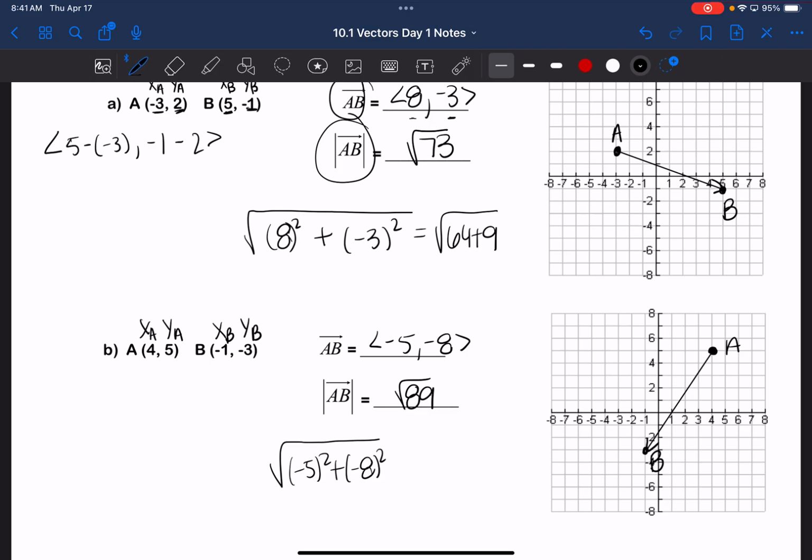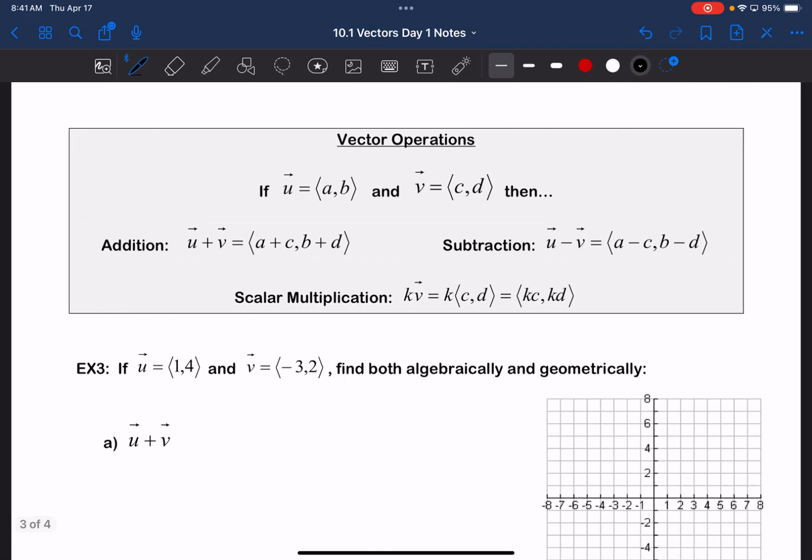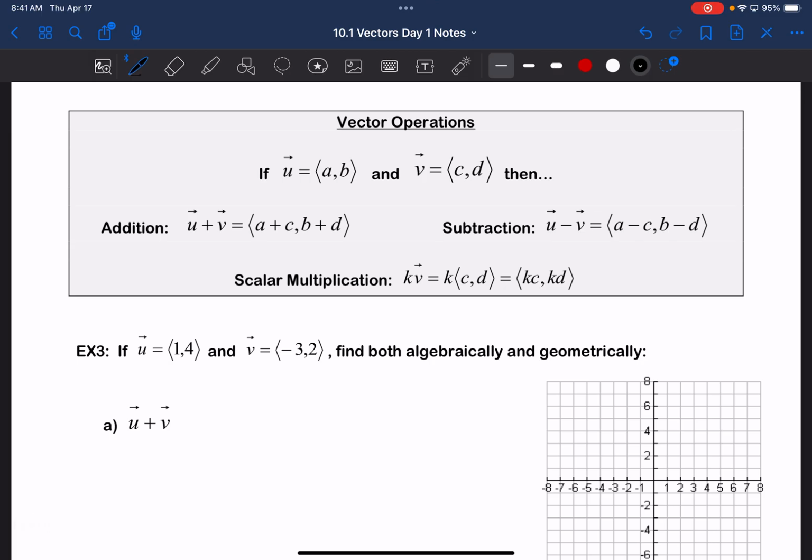We already touched on this on the front page, but we're going to go into a little more depth with vector operations. If this is your vector u and this is your vector v, whenever you add the two vectors, you add the things in the x value places, which here are a and c, right?